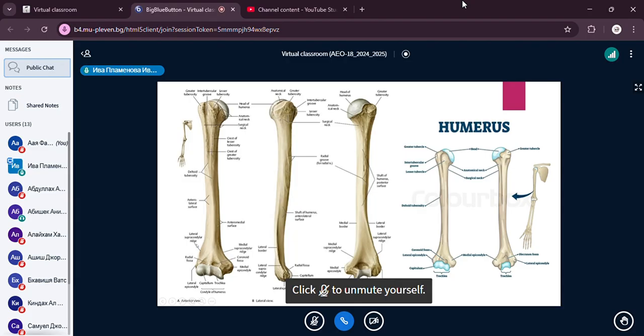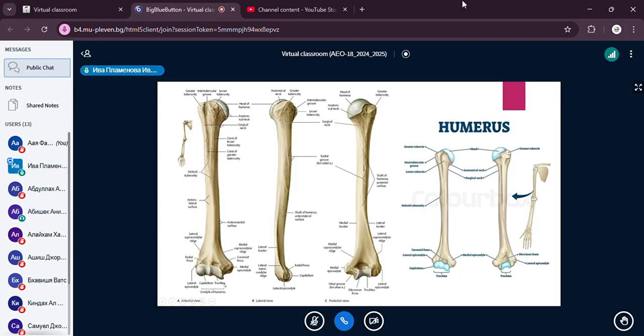About the distal end, you have to say the two epicondyles, lateral and medial. The medial one is bigger. Above them, the two crests, medial supraepicondylar crest and lateral supraepicondylar crest.